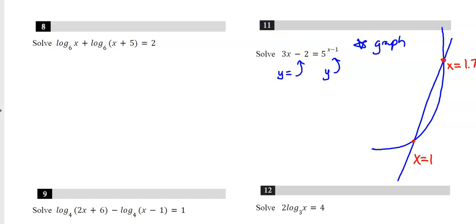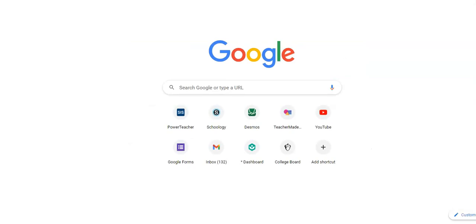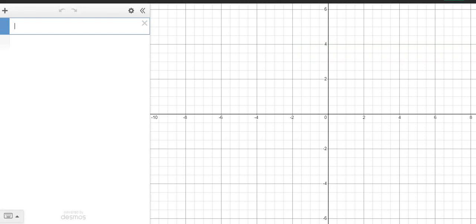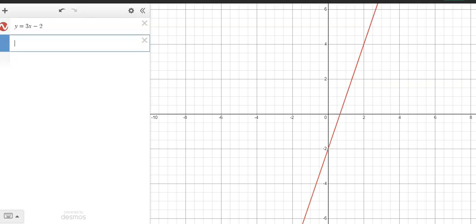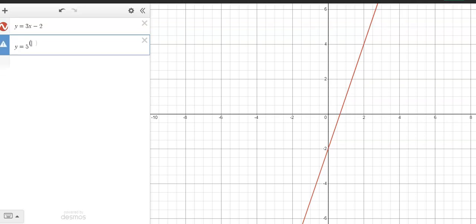I'm not sure if I still have this up here on Desmos. Let me just pull it up. Let's just get the old Desmos fired up here. So y equals 3x minus 2, and then y equals 5 to the power of x plus 1.